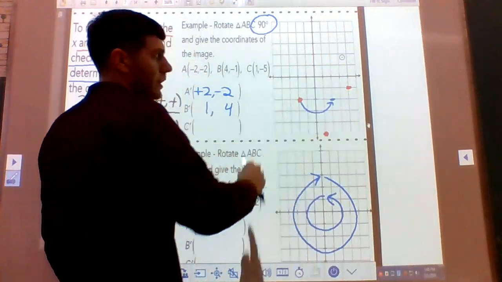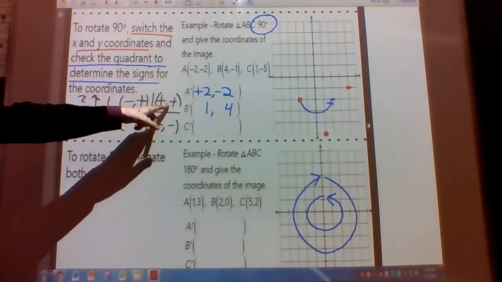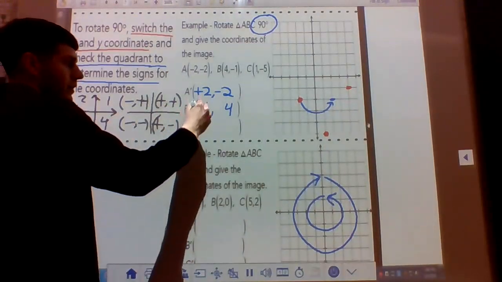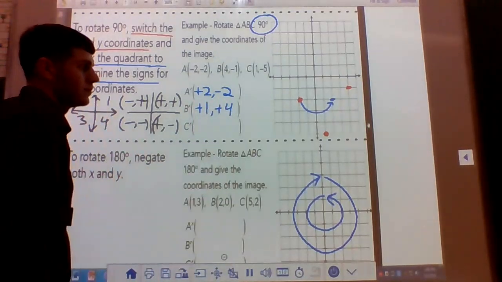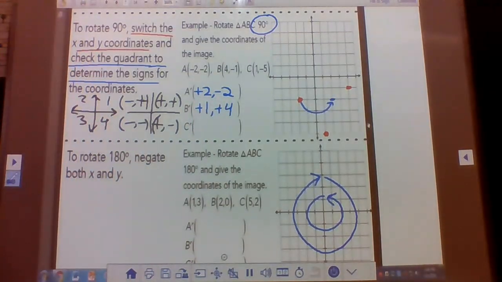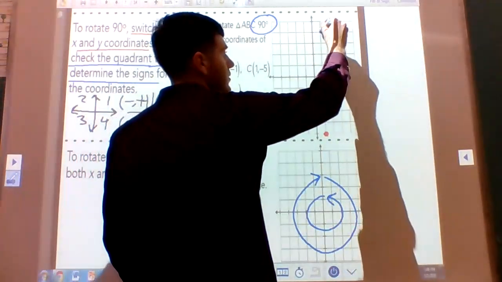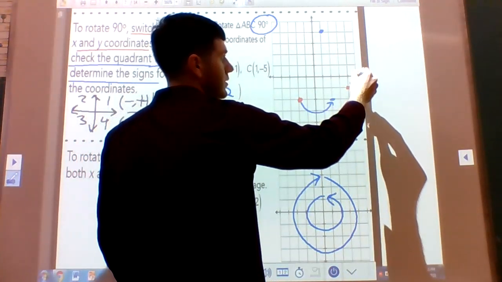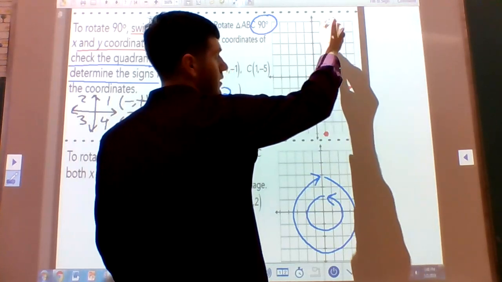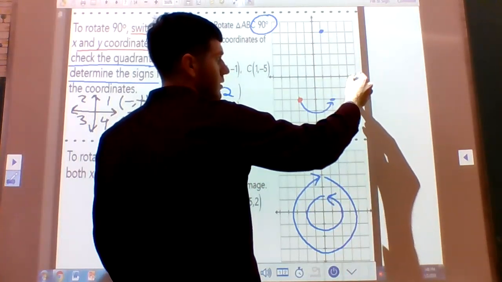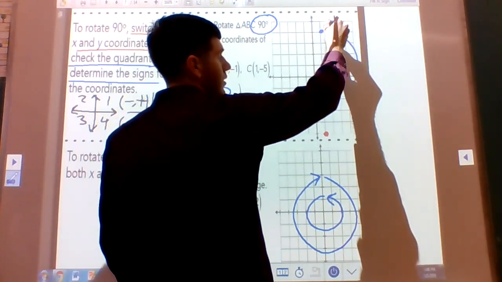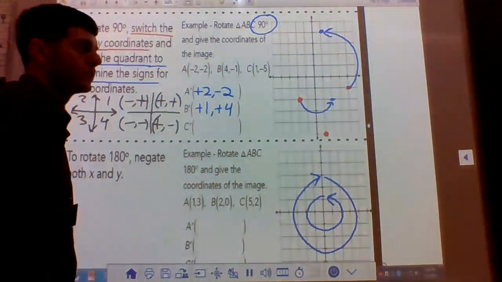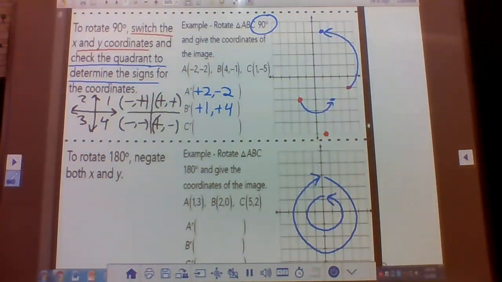The signs for quadrant 1 are positive and positive, which is 1, 4. Imagine a circle here. We'd be going one quadrant over, 90 degrees.